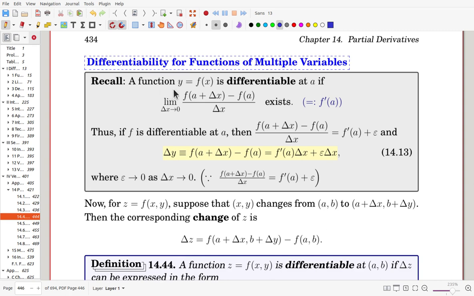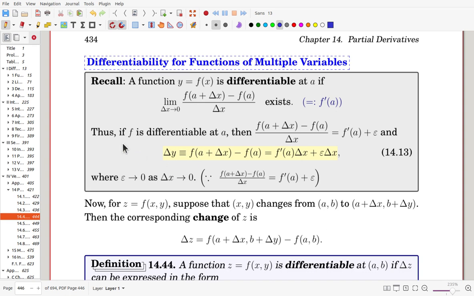For functions of one variable, y equals f of x, we said it is differentiable at the point a if this limit of the quotient exists as delta x approaches 0. That is the definition of the derivative. You learned this in the beginning of calculus. We use the notation f prime of a for the limit.